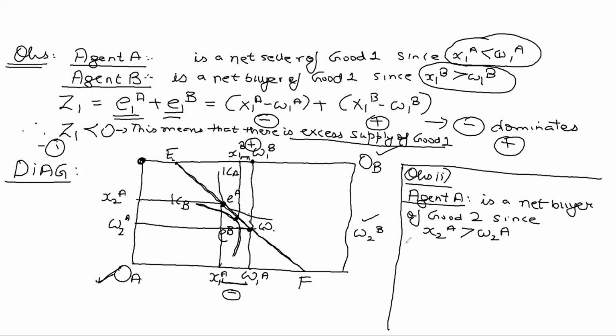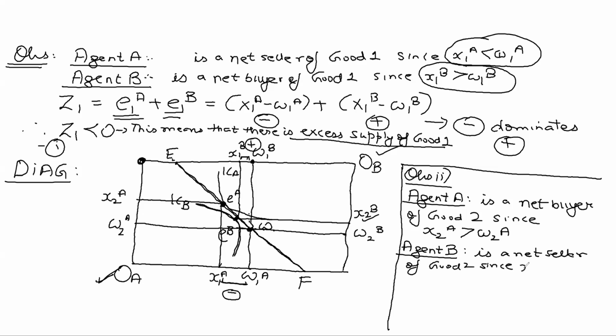And if I talk about agent B, now agent B's endowment of good 2 is this much. But how much is agent B consuming of good 2? EB, you can stretch it to B's vertical axis. This is X2B. You can see agent B is a net seller of good 2, since agent B is consuming less than her endowment of good 2.